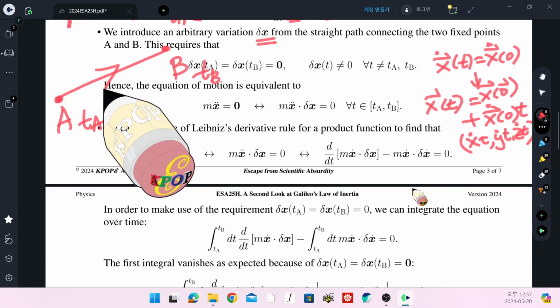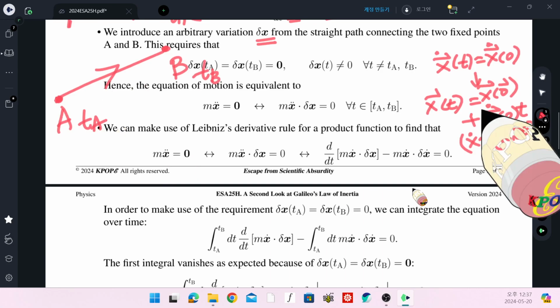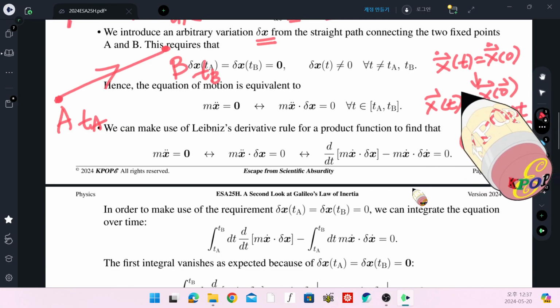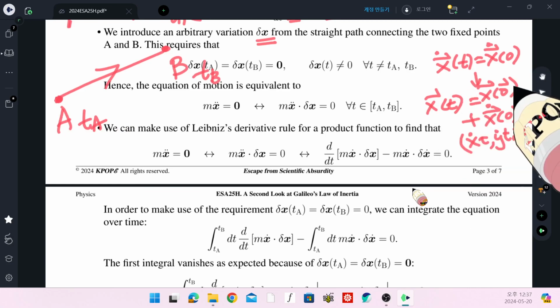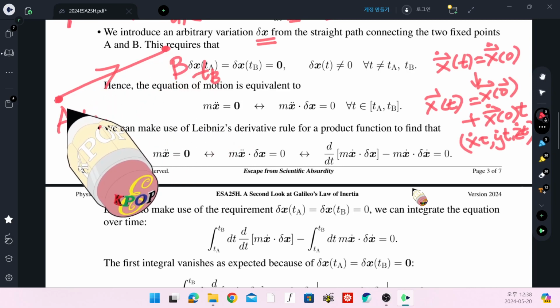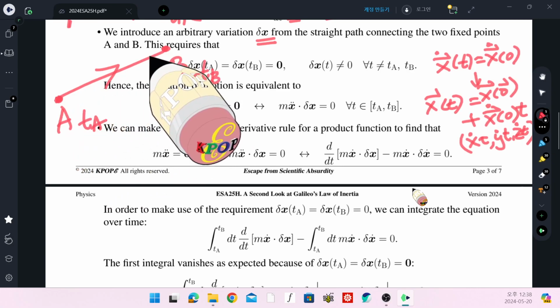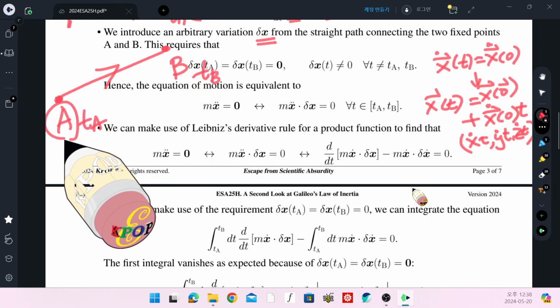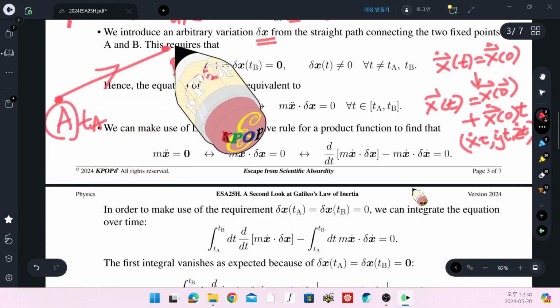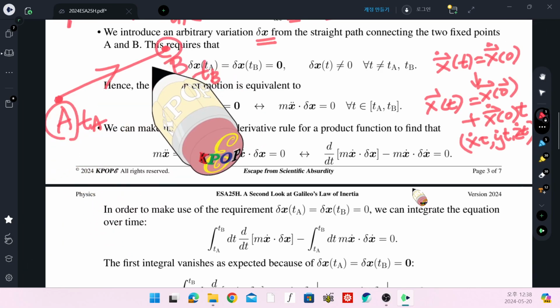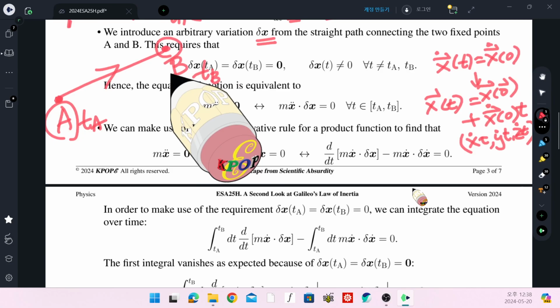Why? Because of the law of inertia. The free particle does not have any acceleration, and the uniform velocity guarantees that the path of the free particle that starts from A and arrives at B is a straight line.